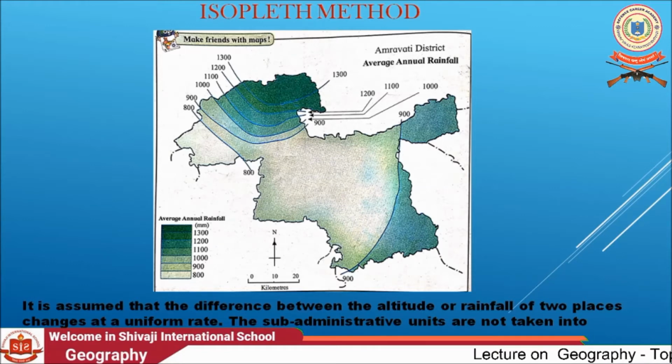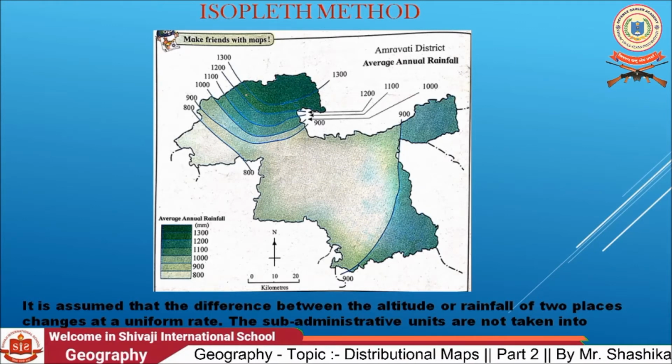The sub-administrative units are not taken into consideration. Here you can see students, with the help of these isobars or isolines, we can show temperature, rainfall and other variables, like altitude also.